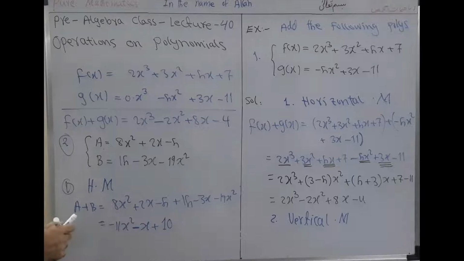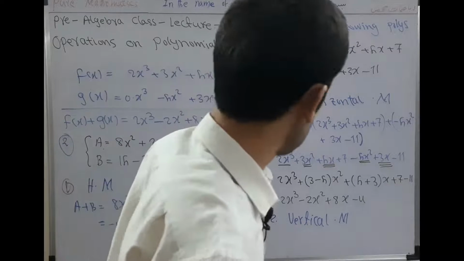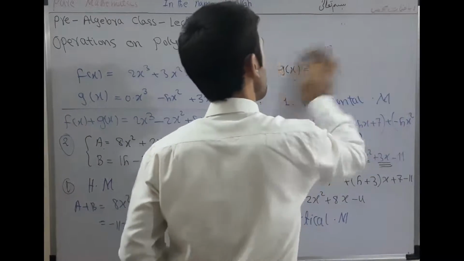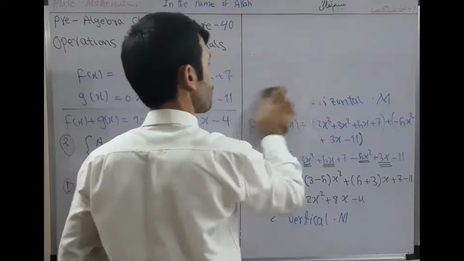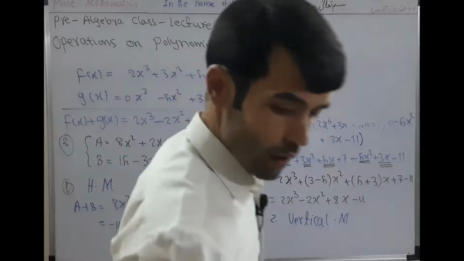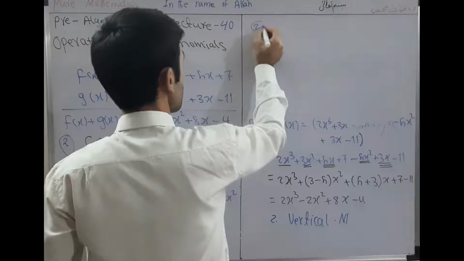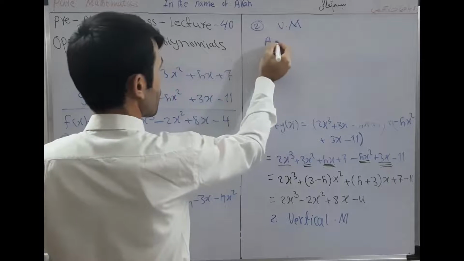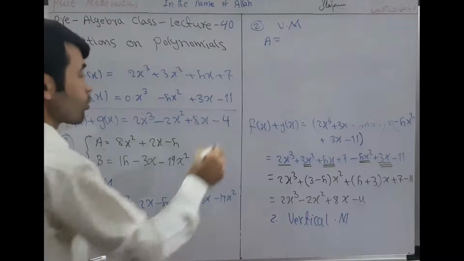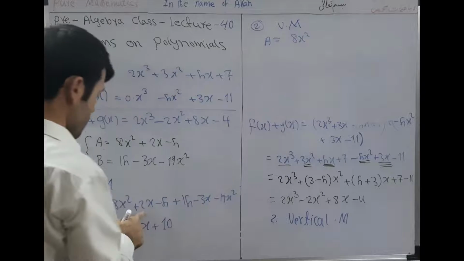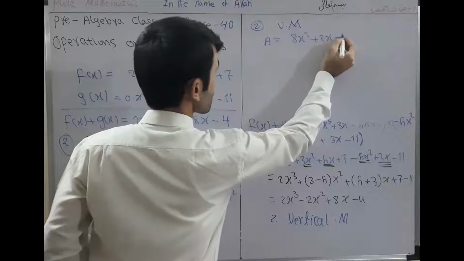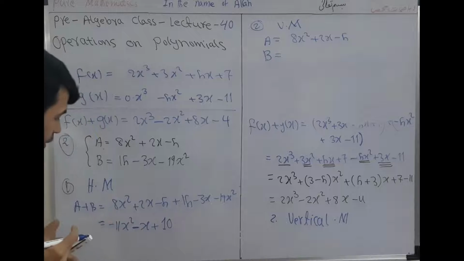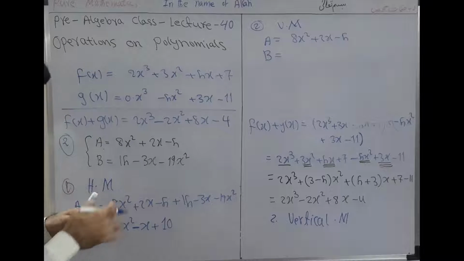Now we want to use the vertical method. In the vertical method, number 2, second method, a is equal to 8x square plus 2x minus 5. b is equal to, now we have to write like terms under each other.